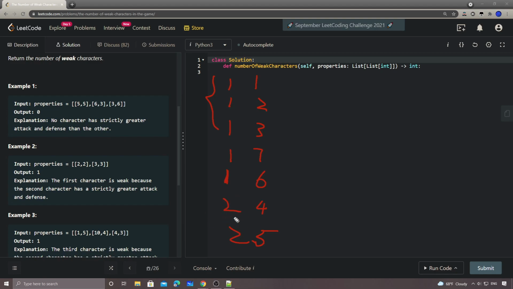Because both the attack and defense have to be strictly smaller. So the tricky part is how can we compare between groups, right? As you can see, here we have two groups. The first group is whoever starts with 1, and the second group is whoever starts with 2.